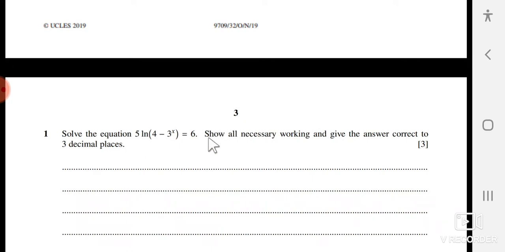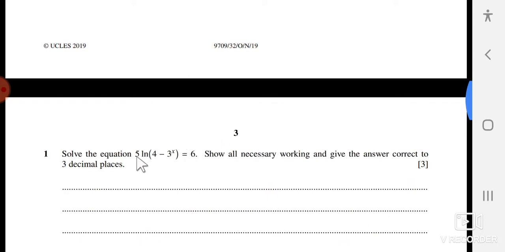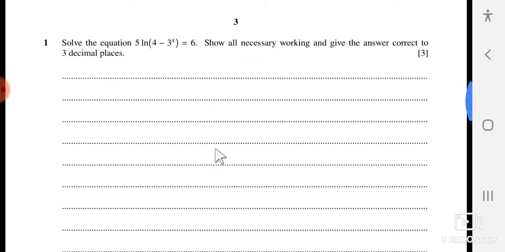So this equation can be written once again: 5 ln(4 minus 3^x) is equal to 6 into 1. Then multiply by 1, and in the next step you replace that 1 by ln e. So your equation becomes 5 ln(4 minus 3^x) is equal to 6 ln e. Now take these coefficients as powers on the top of the number.